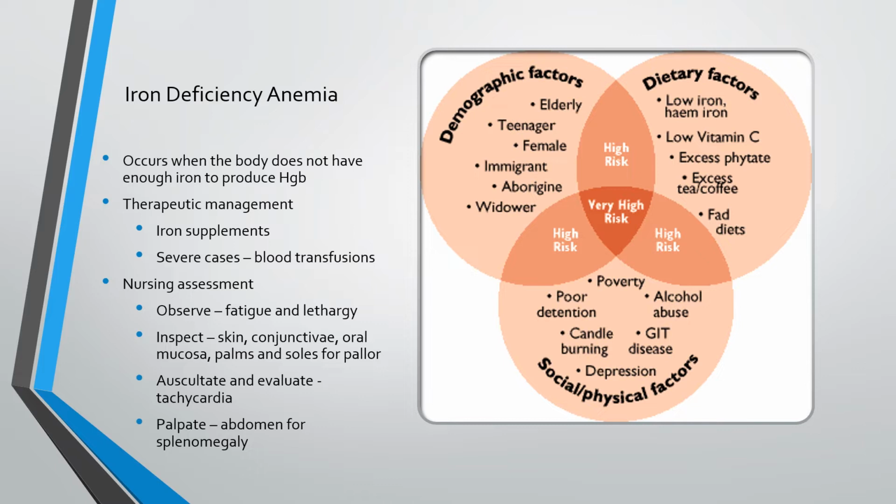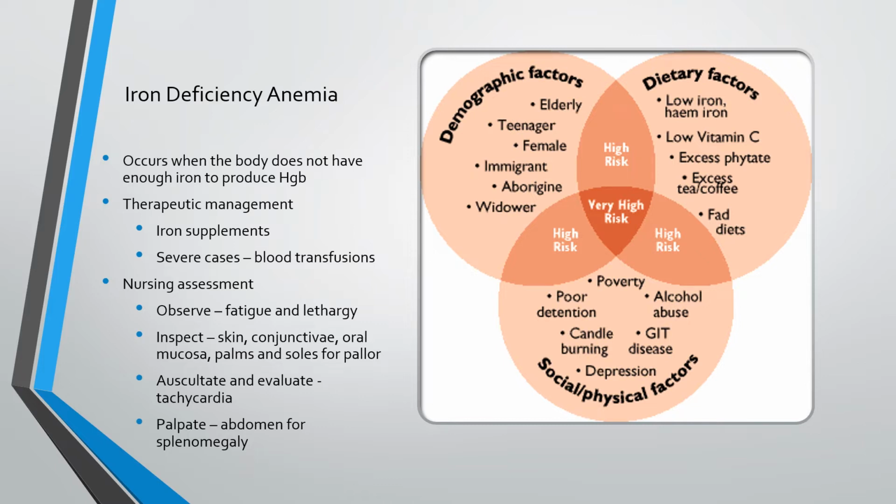It's generally preventable. The therapeutic measure, or what are we going to do with these kiddos, is we're going to give them those iron supplements. Ferrous sulfate is our preferred form because it absorbs the best. In severe cases, we may have to think about blood transfusion.